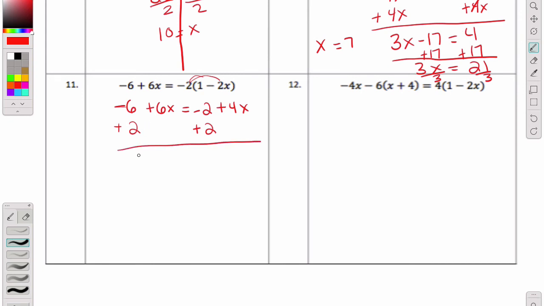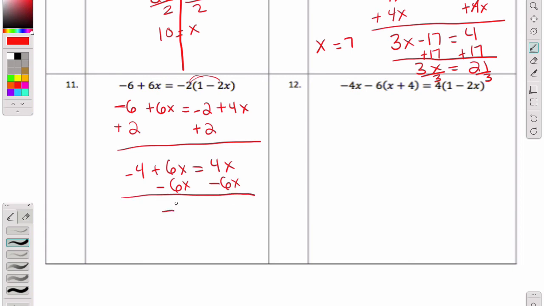And that's going to give me a negative 4x. Oops. So it's so easy sometimes to make a mistake. That's why precision is so important. Okay, try that again. So a negative 4 plus the 6x equals 4x. Okay. Now all I have to do is mess with my x's. So I'm going to subtract 6x from both sides.